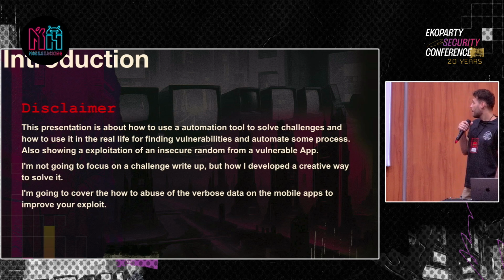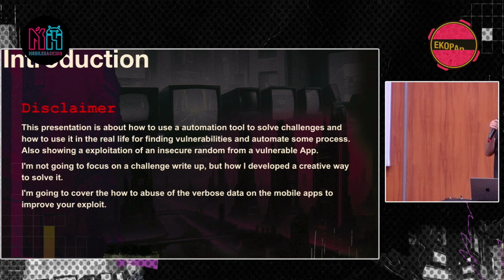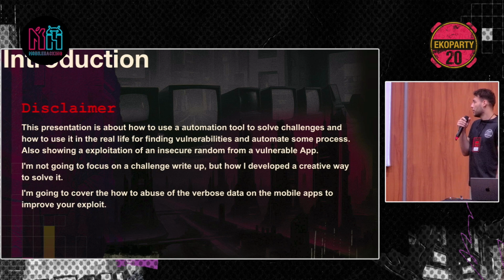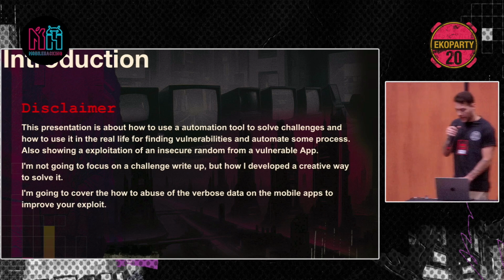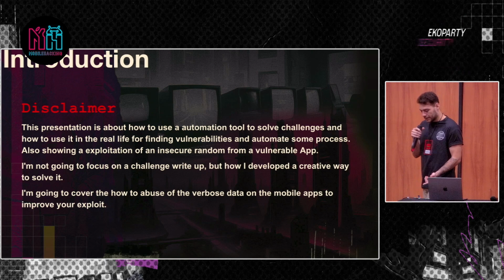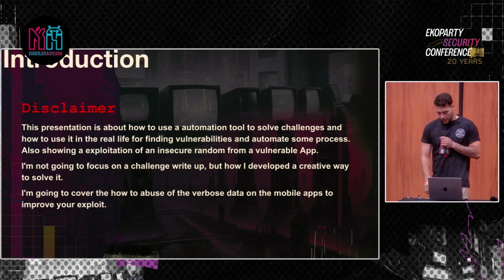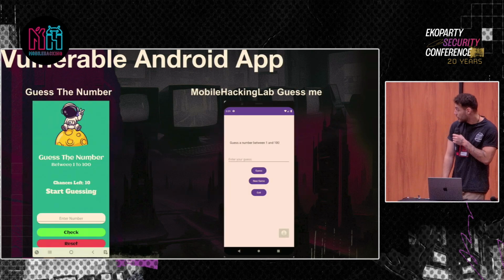Okay? I'm also going to show you how to abuse the verbose data in mobile applications to improve our exploit. In this case, I'm going to show you an insecure random as an example, and after, I'm going to show you use cases for real-life applications. All right? So let's move on.